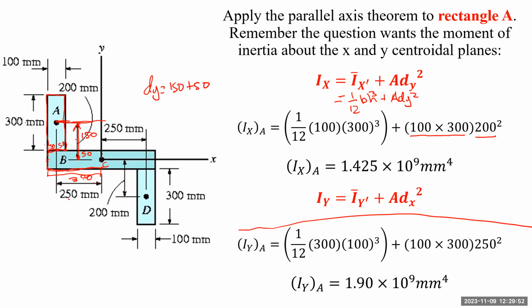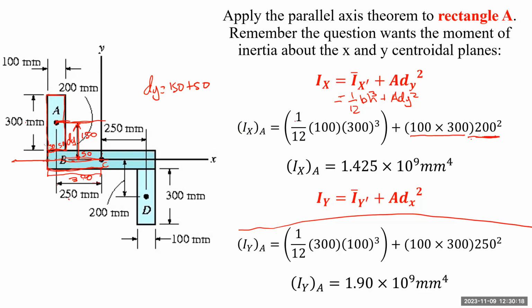The dy that you're interested in is this distance right here, from the center, where the centroidal axis is, guys. Remember, the centroidal axis is through here, right? So it's the distance you want from the center of that figure. Always, for this figure, that segment is half of it, which is 150, plus the 50 here to the center of this, so it must be 200, right? So that is 200.